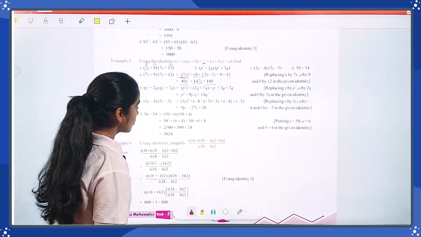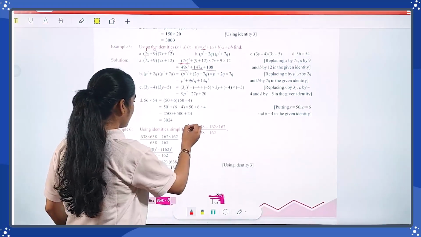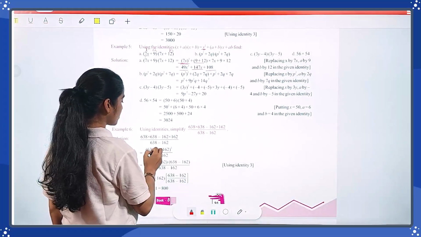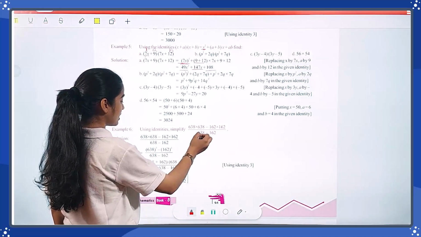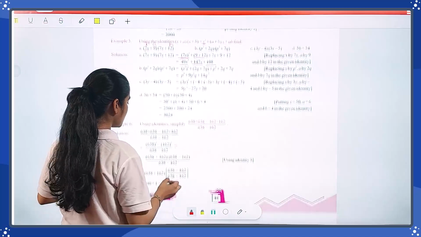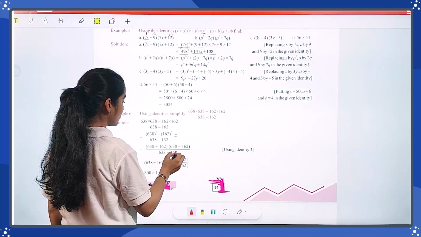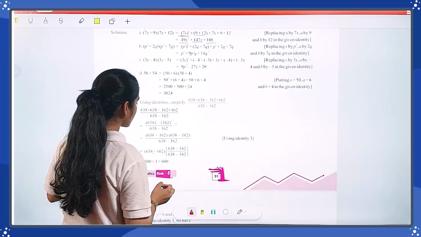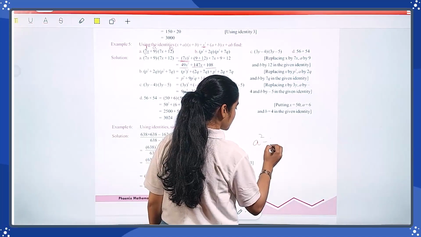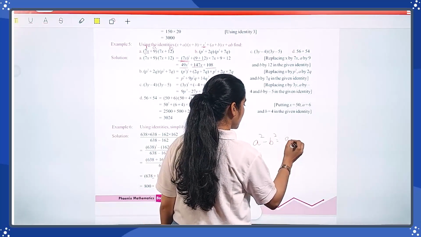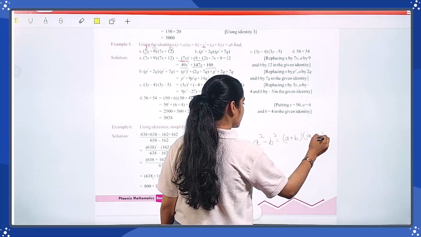Simplify this. So if you look here, this is your a. So here you can do 638 square. In this you can take 161 square, and the same thing you can do here, which means 638 plus 162 and 638 minus 162, because you have identity number 3, a square minus b square, which is equal to a plus b and a minus b.